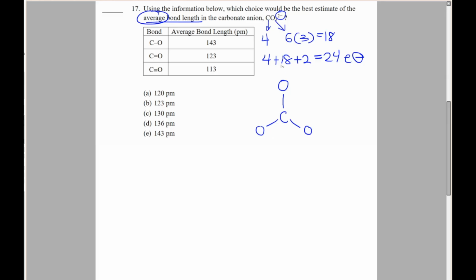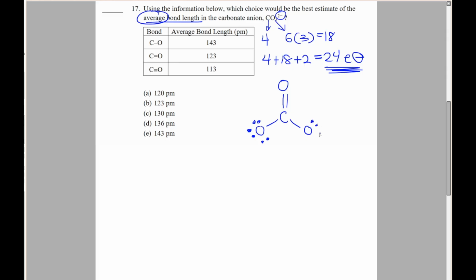You can add it to any of these 3 oxygens, but I want to put it on the top one just so it looks kind of nice and symmetrical. And now we can fill in the lone pairs and then see if they match up with the number of valence electrons we determined. Whenever we see one single bond, we have 3 lone pairs, or 6 more localized electrons.